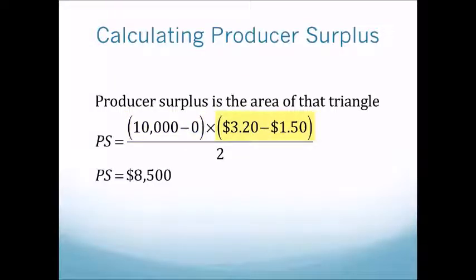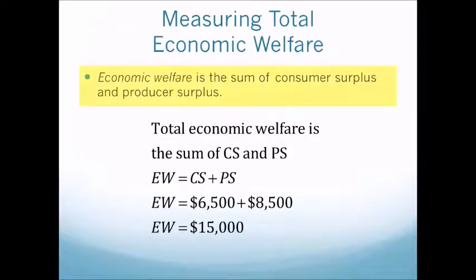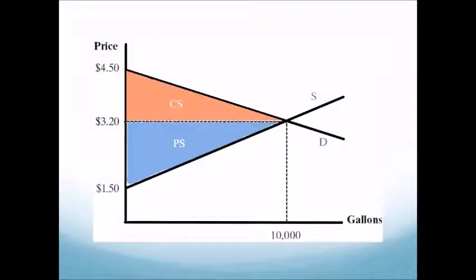The height is $3.20 minus $1.50. Producer surplus is $8,500. Economic welfare is the sum of consumer surplus and producer surplus. For this example, economic welfare is $15,000. Economic welfare is the entire shaded area between the demand and supply curve to the point of equilibrium.